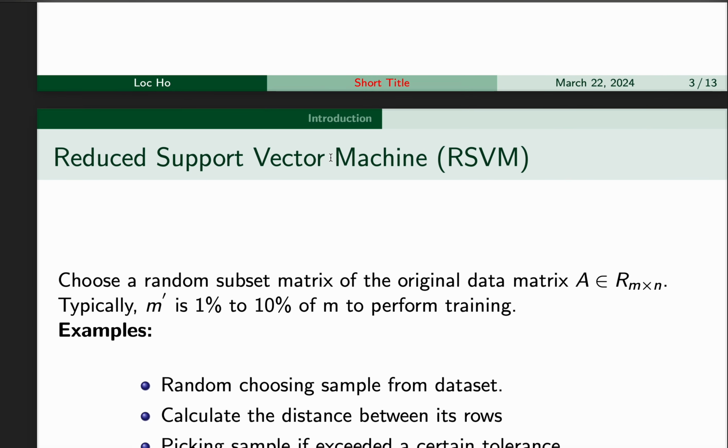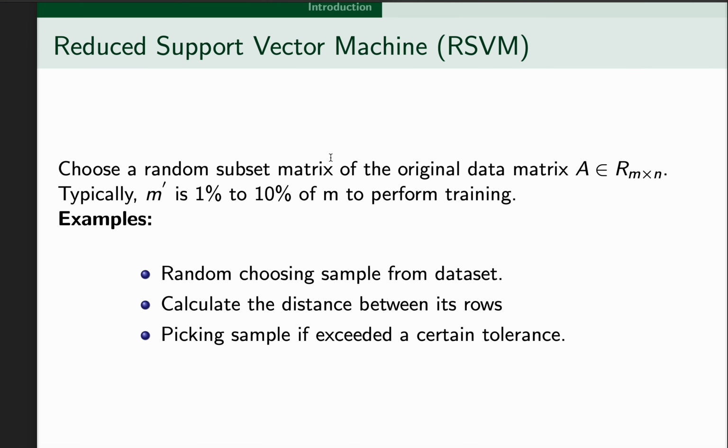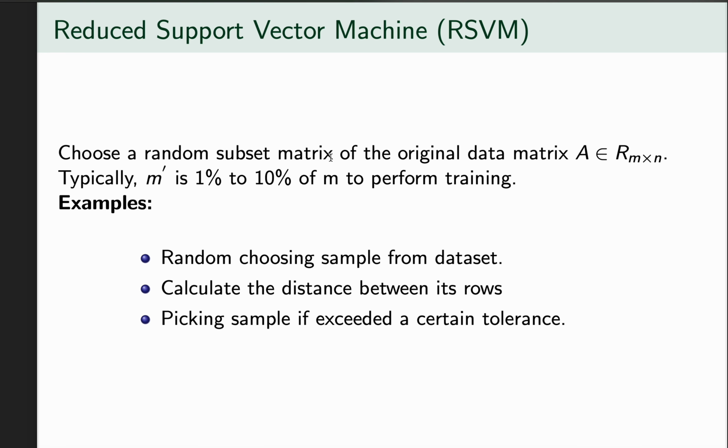To eliminate the weaknesses of support vector machines, RSVM is a version that can reduce the effect of the dataset size on the performance of SVM. The idea is simple.